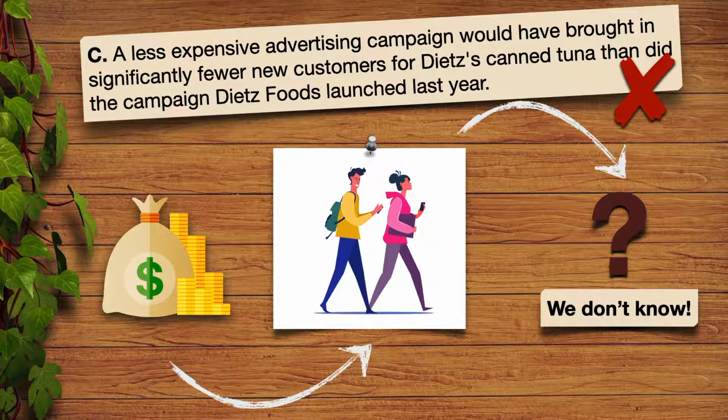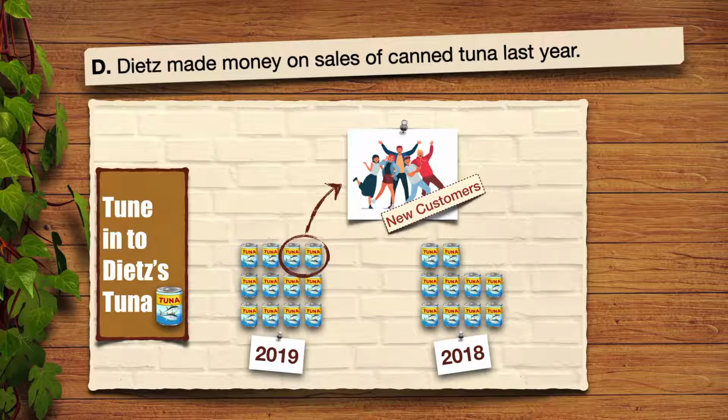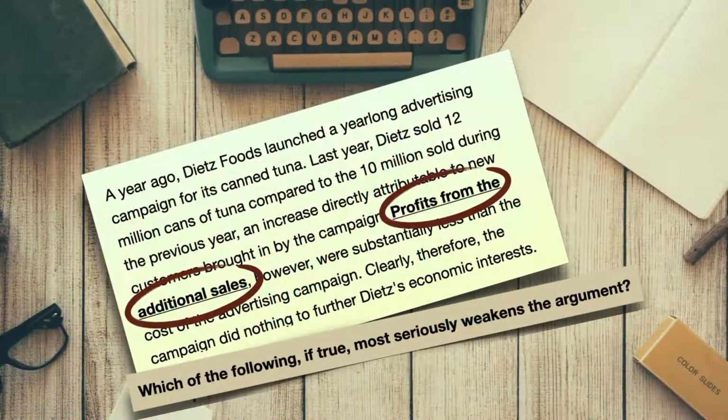So let's take a look at what option D has to say. If a company has made money on sales, that means it has made profits from those sales. And yes, Dietz Foods has. We know it sold 12 million cans of tuna last year because of new customers that the campaign brought in, and it did make a profit. The argument itself says so.